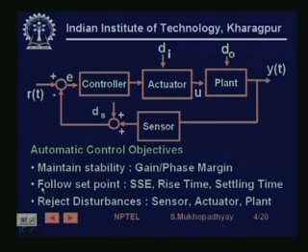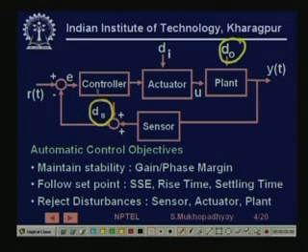reject disturbances. That is, even if the output once comes close to R, there are several external signals which are working on this process, which are not in our control. So there are output disturbances or load disturbances which occur very often. There could be input disturbances from the actuator.